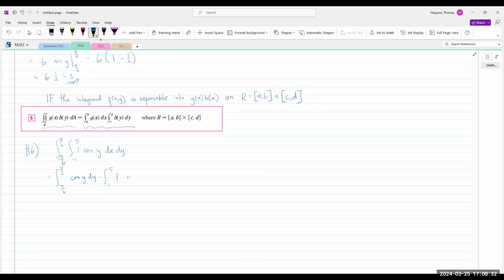Of course, we can just omit that 1, right? And this will give us sine y from pi over 6 to pi over 2 times 6, right? So this is 6 times 1 minus 1/2, that's 3.